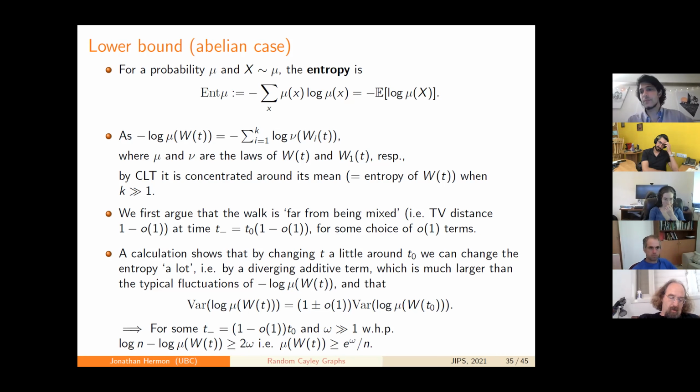So this holds with high probability, and from this you can read that with high probability, mu of wt, okay, mu is the law of wt, is at least e to the omega over n, right? This is implied by this.